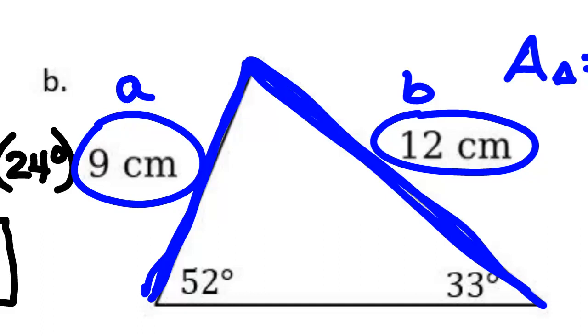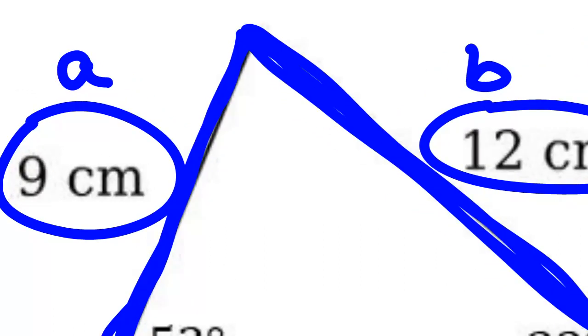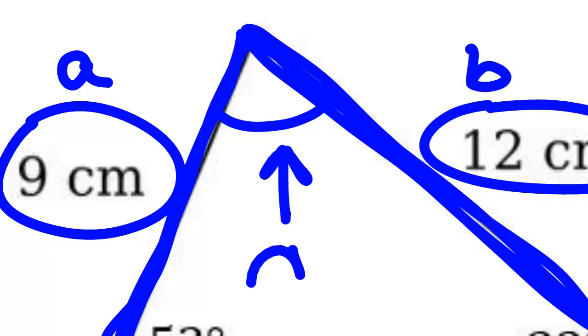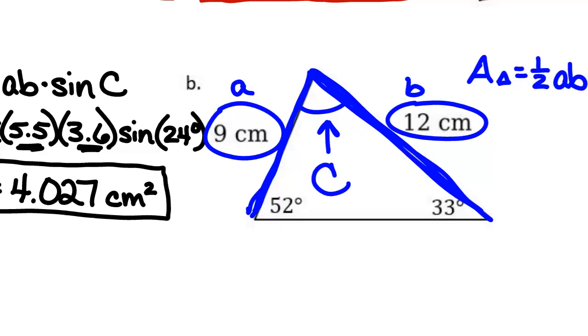Look at the other picture. Where was the angle located in relationship to the sides? In between them. So which angle do I need here? I need this guy right here. I don't know the size of that angle. Do I have the ability to find it though? Yes, by doing what?